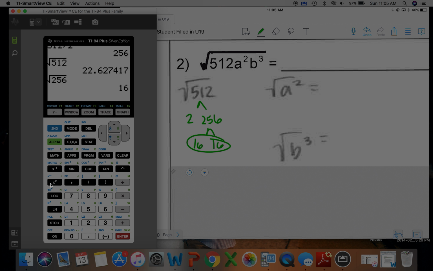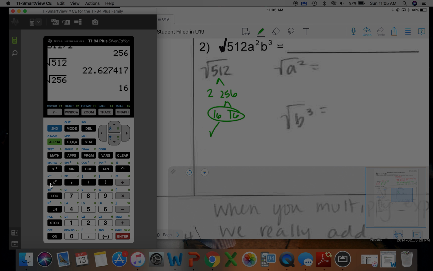Now remember, when you find a pair, even if it's not broken down all the way, you can stop, or you can keep going. You're just going to build it back up. So for this, my pair of 16s is going to go outside, and then the 2 is going to stay inside because it has nobody to play with it.